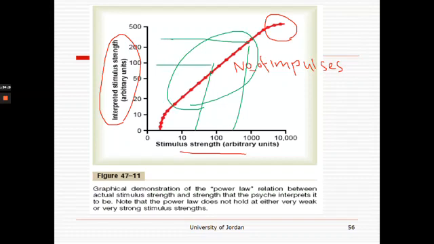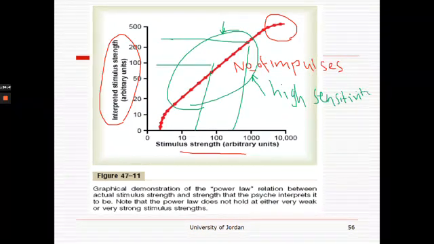So this is the highest sensitivity area. This is low sensitivity, so high sensitivity here, and this is the low sensitivity area.